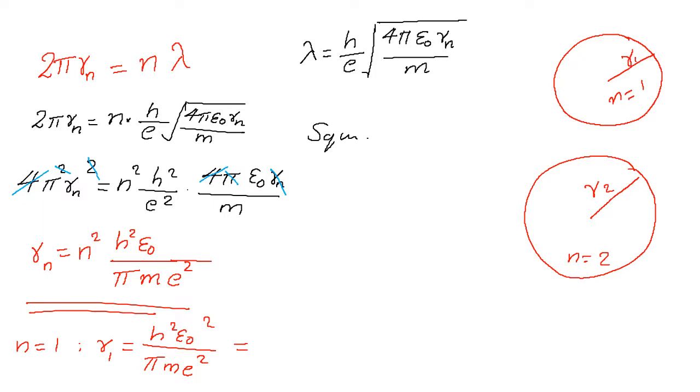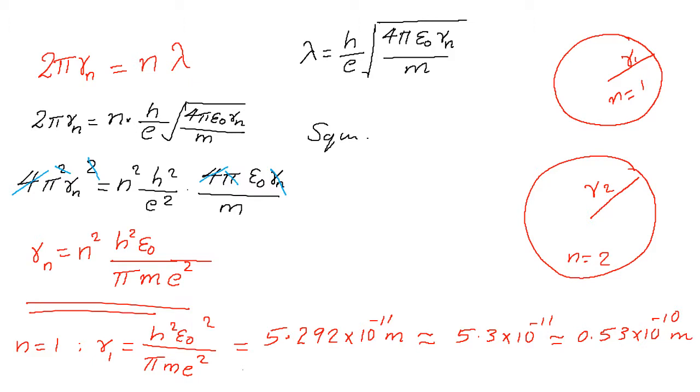When you substitute all these values, you will get it as 5.292 into 10 raised to negative 11 meters. And roughly you can remember this as some 5.3 into 10 raised to minus 11, or 0.53 into 10 raised to minus 10 meters. That is roughly some 0.53 angstrom.